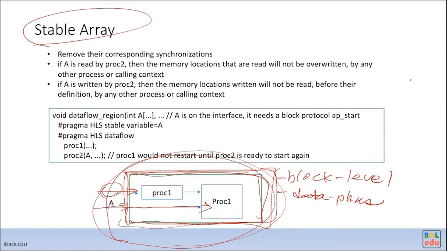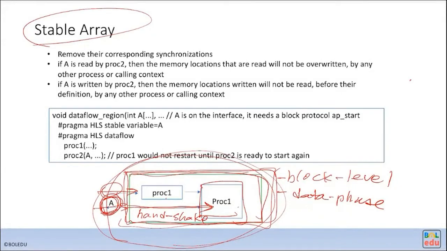You start moving the data and execute each sub function. Since the A input is in the second stage of the data flow, you want to make sure that for this input you don't need a handshake. You don't want a handshake to make sure A is valid.